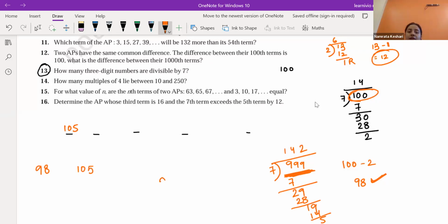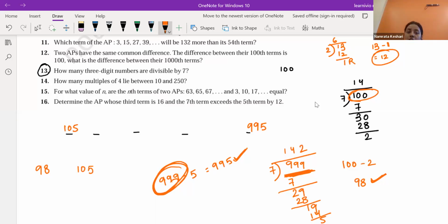That means in 999, 5 extra we are having. Subtracting this 5, you end up getting 995. This is the 3-digit number closest to 999 which is completely divisible by 7. So 995 is the last 3-digit number divisible by 7 in your AP.